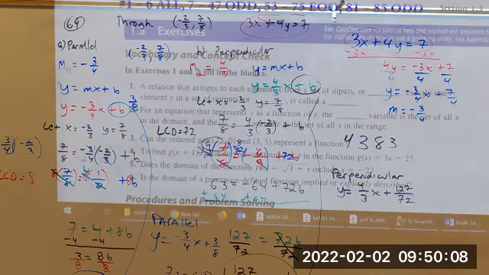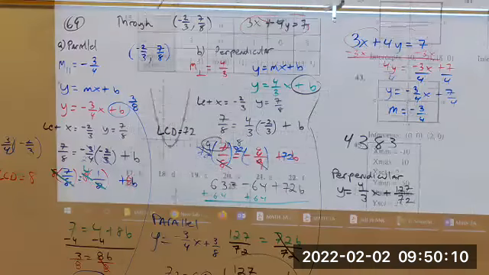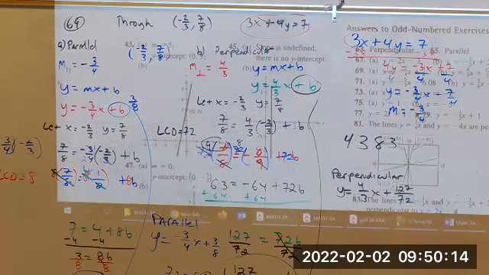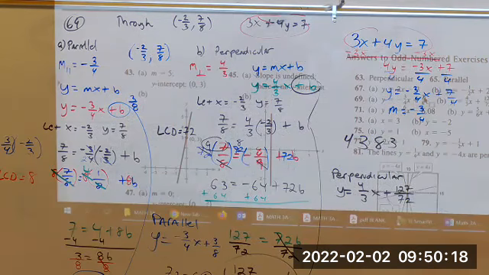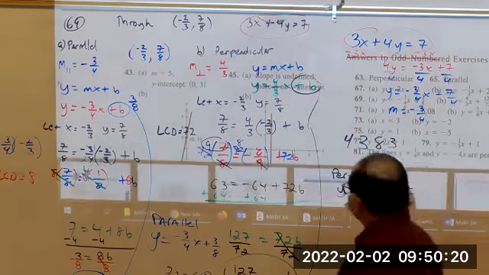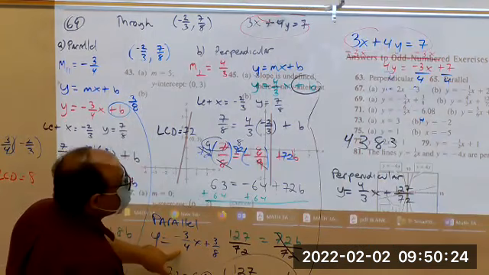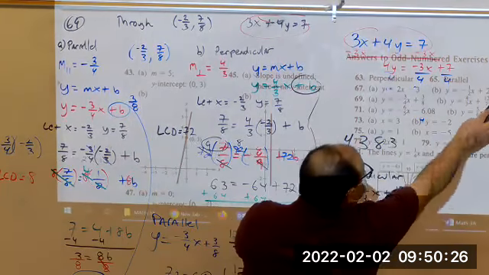I'm going to double check. Negative 3/4 x plus 3/8.